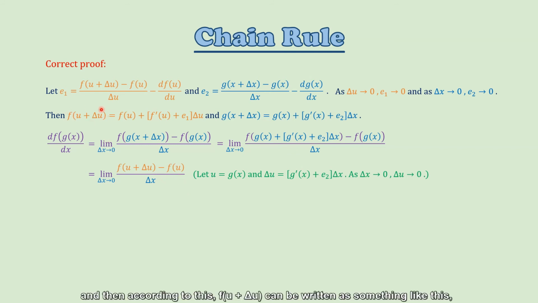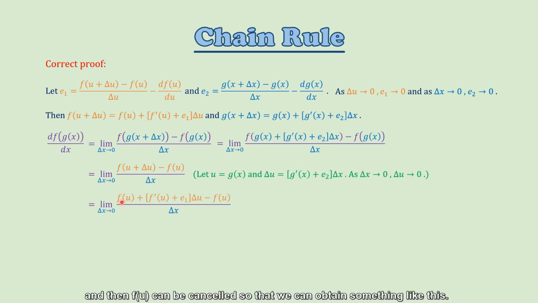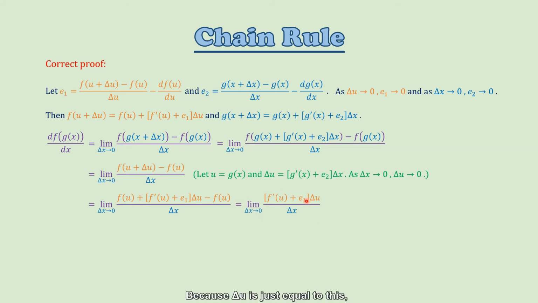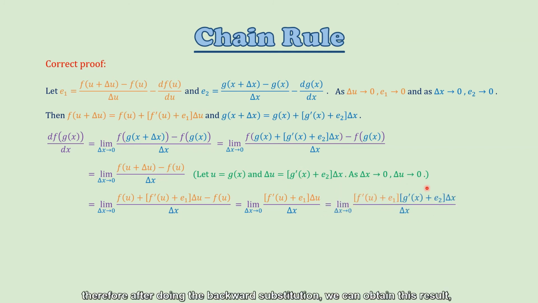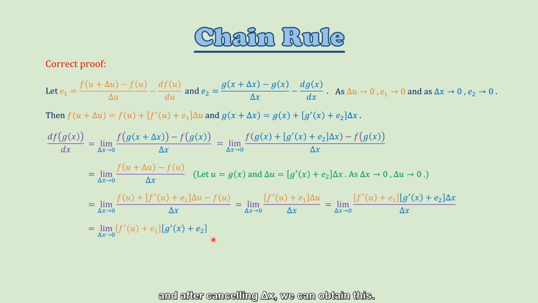And then according to this, f(u+Δu) can be written as something like this. And then f(u) can be cancelled, so that we can obtain something like this. Because Δu is just equal to this, therefore after doing the backward substitution, we can obtain this result. And after cancelling Δx, we can obtain this.